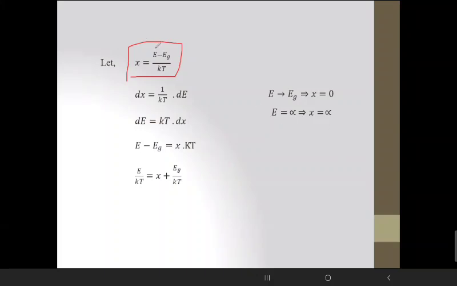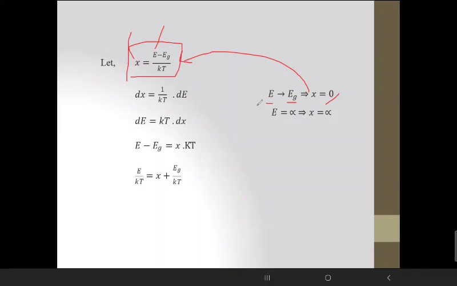You have to change E in terms of x. So first, you need to change the limit. Here, the limit is what? Eg to infinity. When E becomes Eg, you apply this formula, so x is equal to 0.